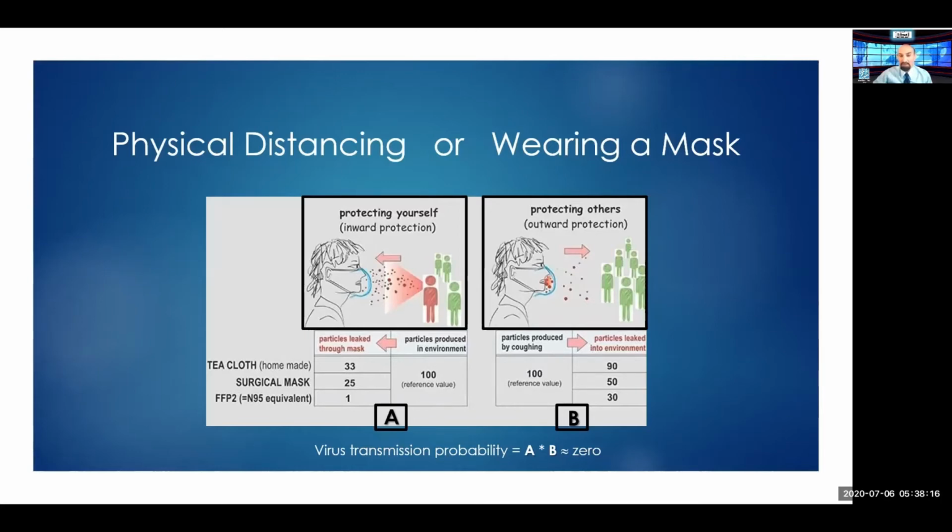So if we are within a safe distance from each other, then the droplet will terminate and will not reach the other party. Now, I prefer wearing a mask because this prevents the droplets from depositing on an object. But the science tells us it's one or the other. Both are not required, even though it is nice to have.